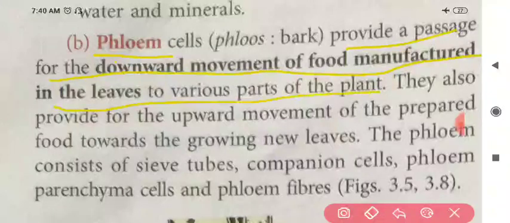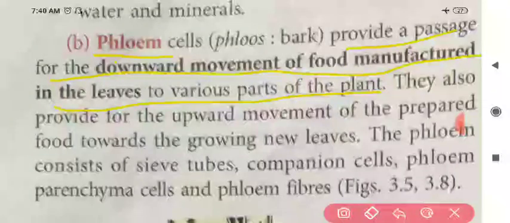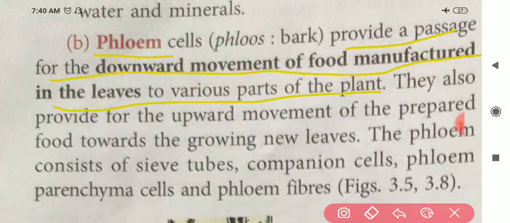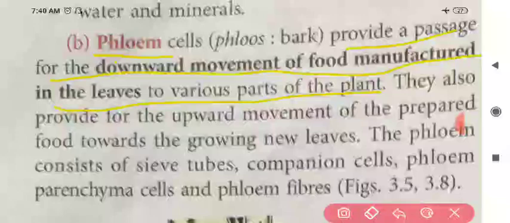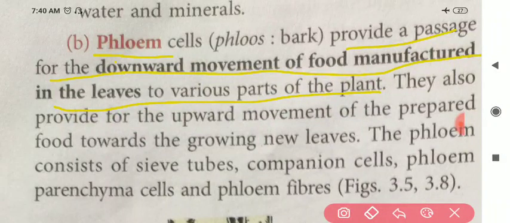So my dear students, this first line you must write.